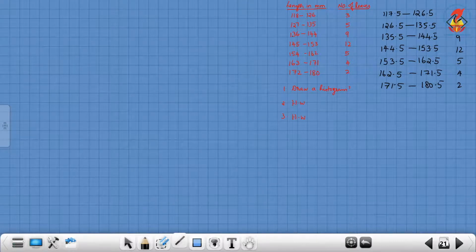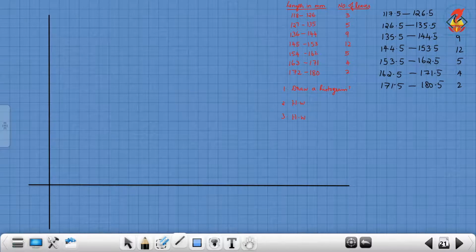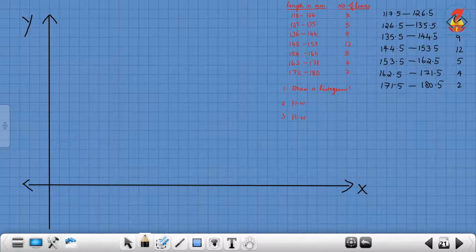Same thing, first draw the x-axis and y-axis.